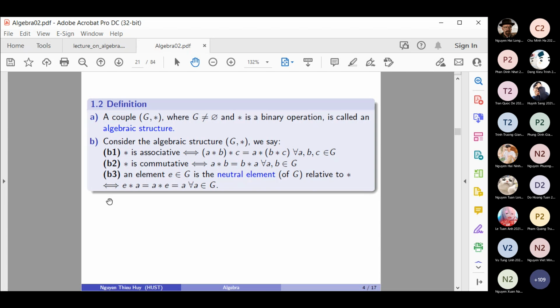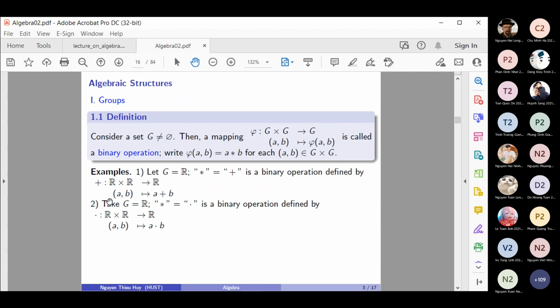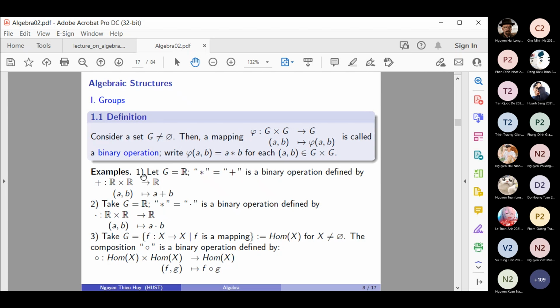Okay, if I have a look again at this structure, example 1, can you tell me, with R with this plus, what is the neutral element for this addition in this set R? It's easy, right? Zero. Good, 0. So what is the neutral element of R with the multiplication?